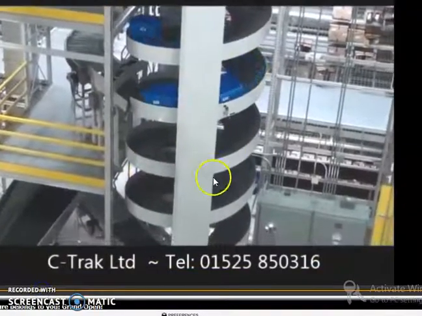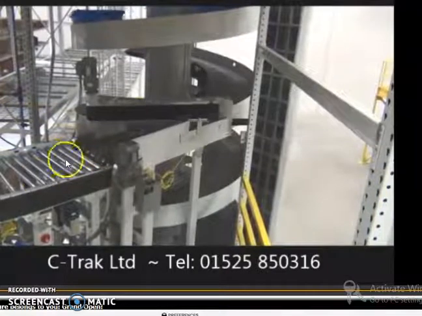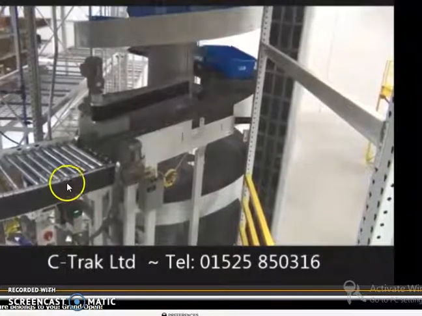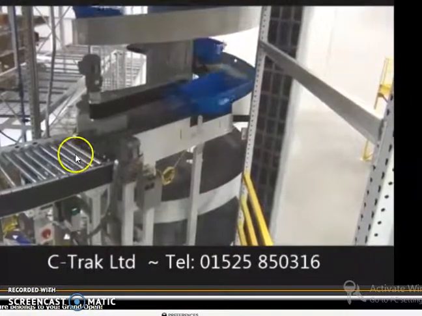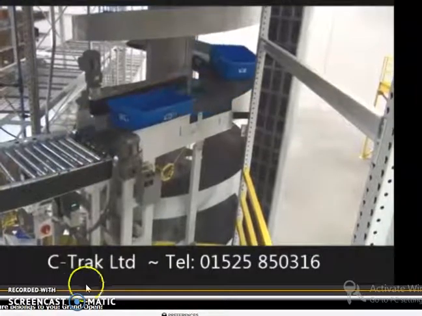This is a chute conveyor we have here. You can see a roller conveyor here. The product which is coming through is placed here. So we have different types here.